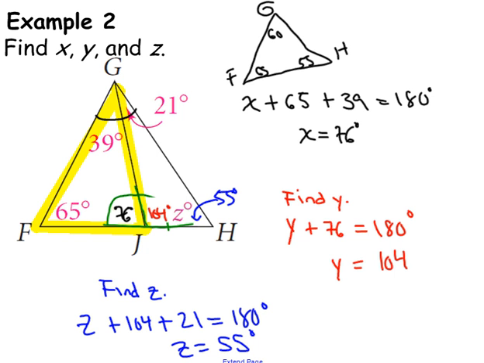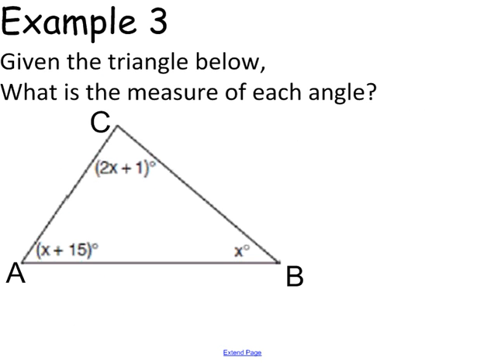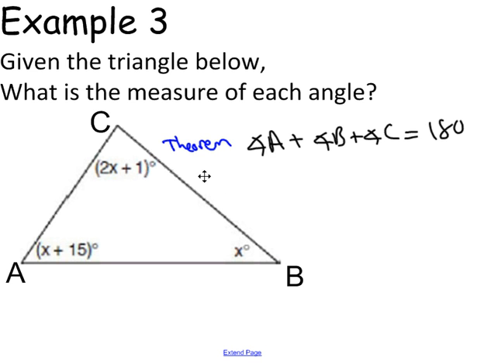Okay, let's work out another example. It says, given the triangle below, what is the measure of each angle? Again, we know angle A plus angle B plus angle C add up to 180. That's what the theorem says. Now we can substitute.